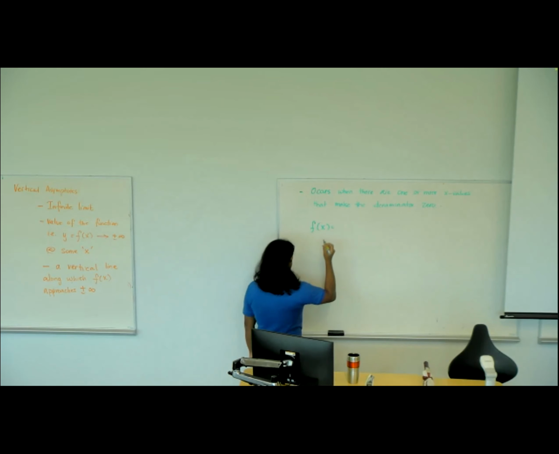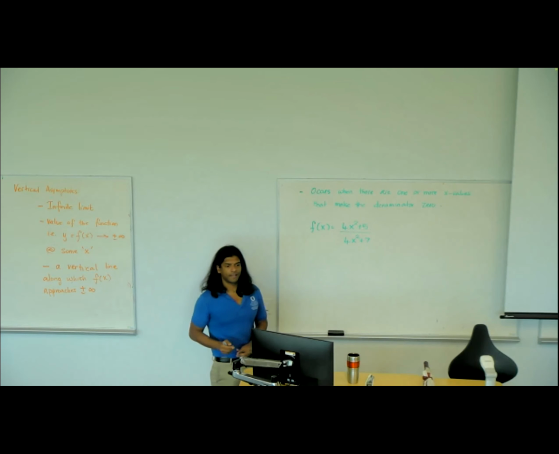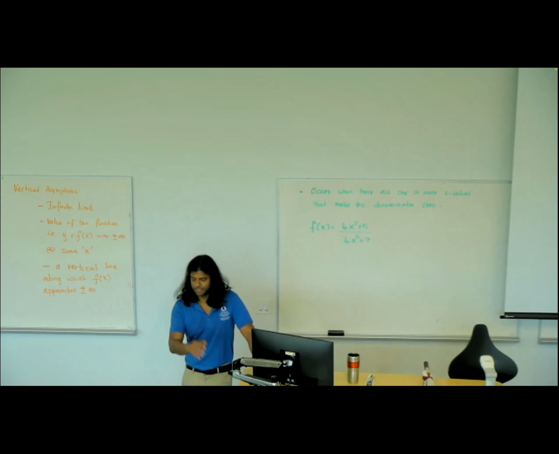What are the examples that we did? 4x squared plus 5 divided by 4x squared plus 7. Is there a value of x, a real number, which would make the denominator 0? The graphs are embedded, so you should know.